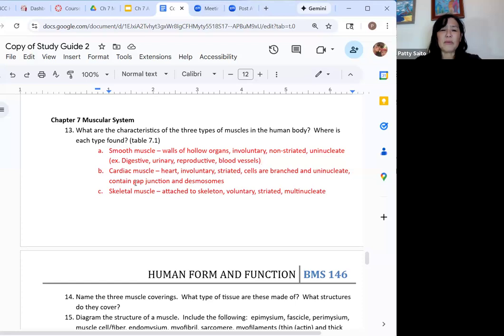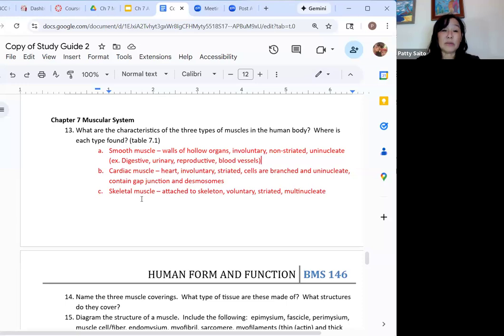We'll talk a little bit about maybe not specifically gap junctions, but how cardiac muscle cells need to be electrically connected. So information passes from one cell to another very rapidly. And then desmosomes are the little spot welds or buttons between cells, and they're found in cells that move a lot. Okay, and it just holds the cells together.